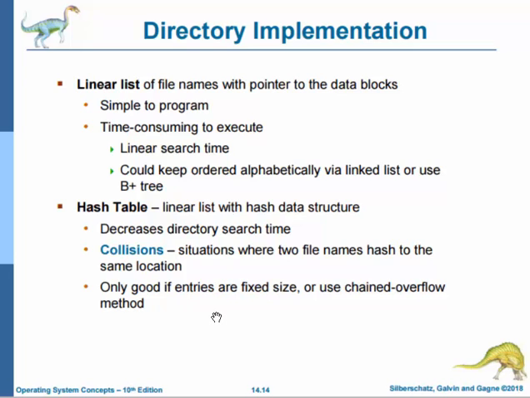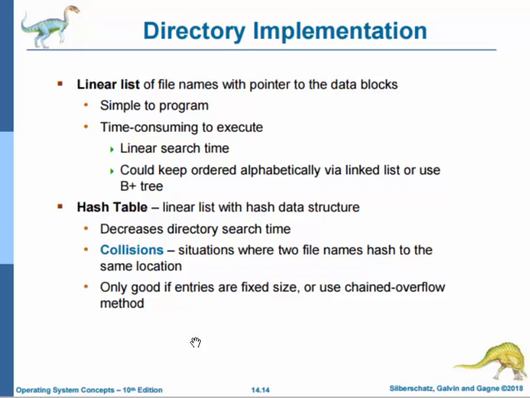So basically, the major difficulties with the hash table are its generally fixed size and the dependence of the hash function on that size. Also, it uses a chained overflow method.